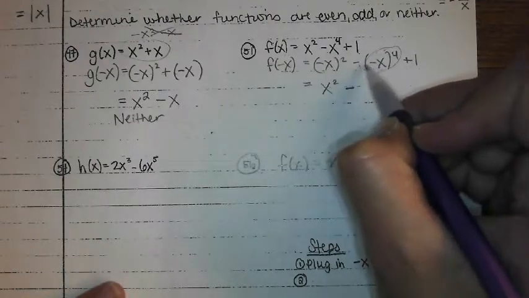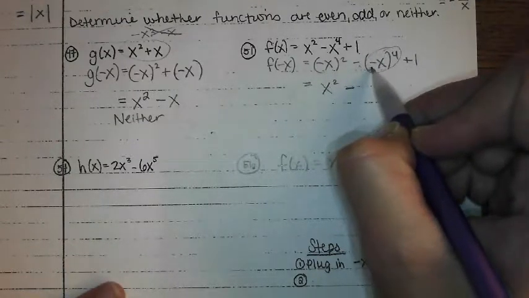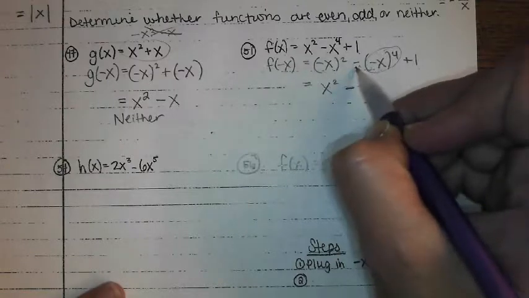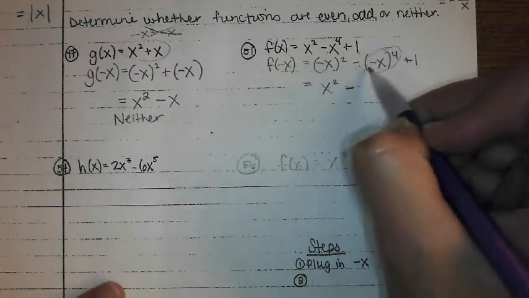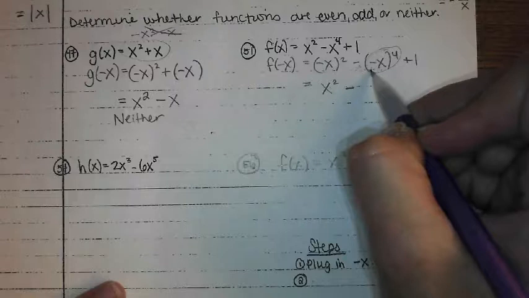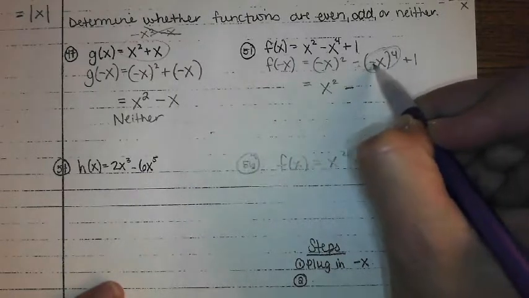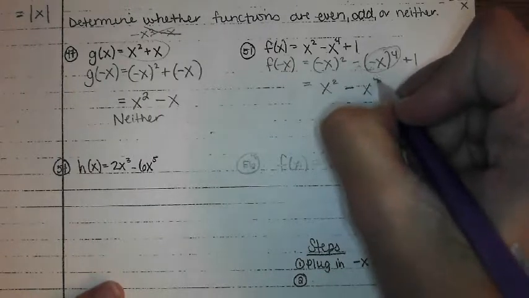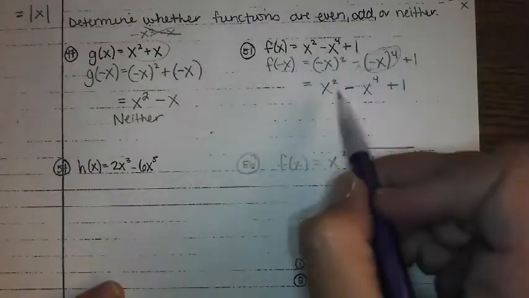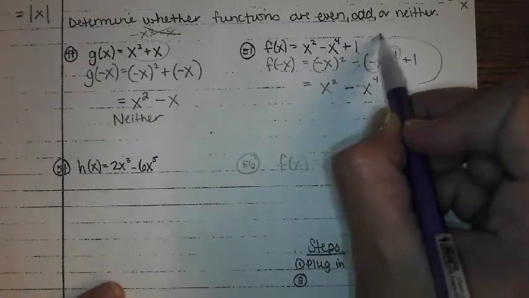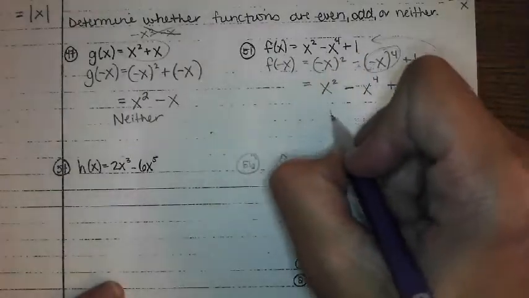Do not fall into the trap of the double negative becoming a positive, because that would be doing subtraction before you're doing exponents, which is a big no-no in PEMDAS order of operations. So raise that to the exponent first, which again is going to cancel out that negative. And if you look at that, that is exactly the same as the original, and so that is even. Good job.